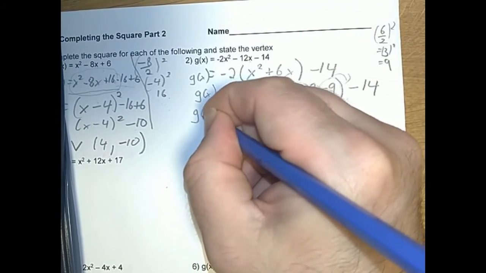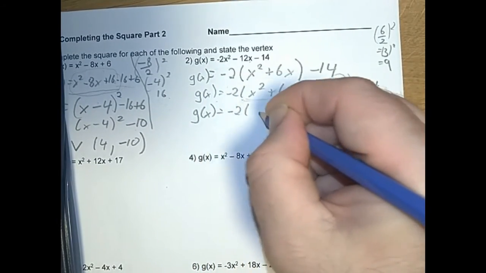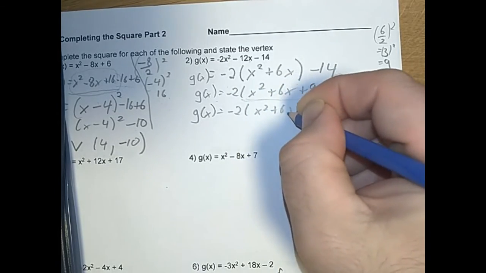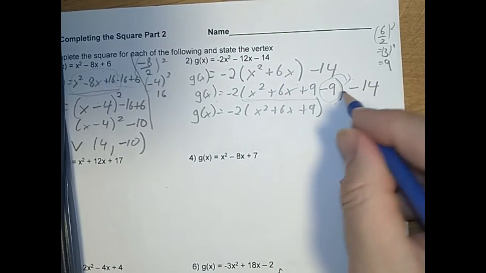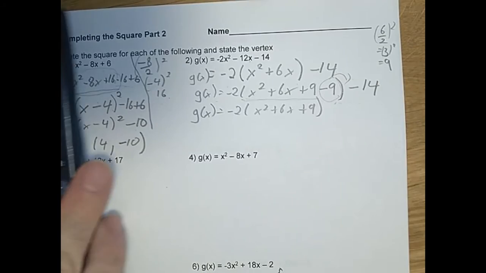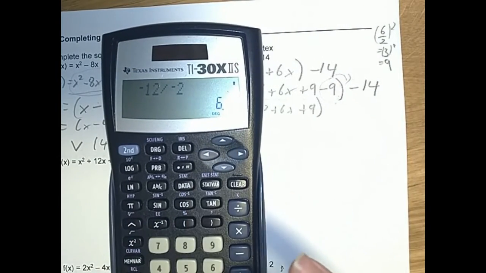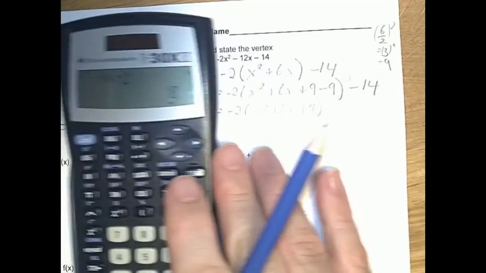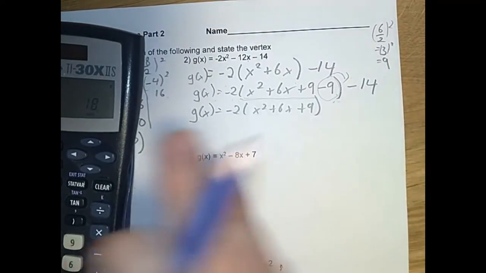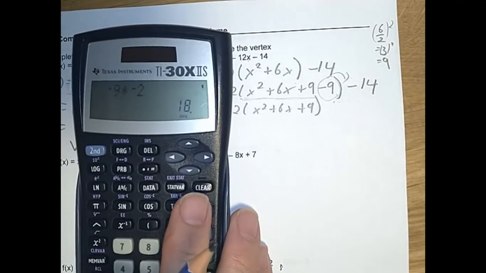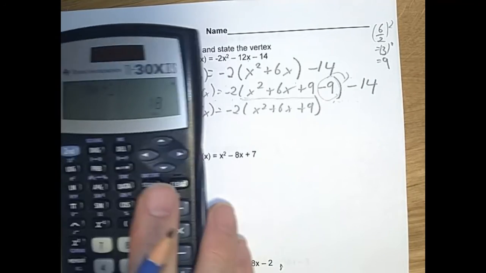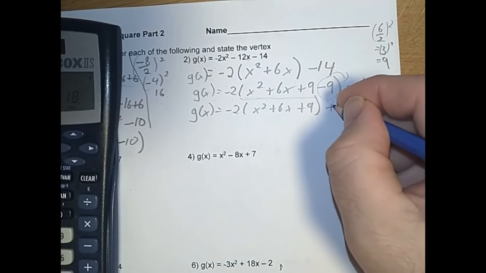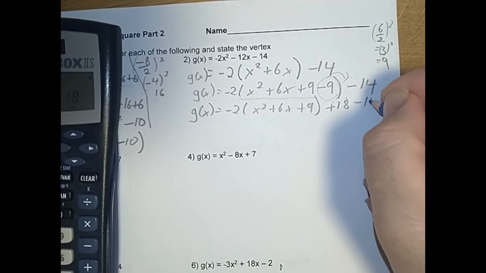So on the next line, g of x is -2 times (x squared plus 6x plus 9). When you take that -9 out, multiply by -2, so -9 times -2 becomes positive 18. You have to multiply by the number in the front. The positive 18 and minus 14 go here.